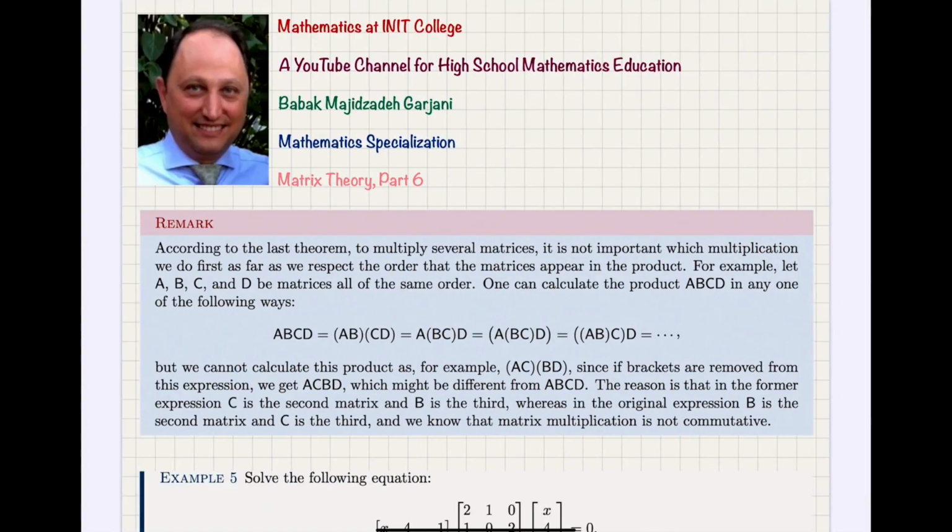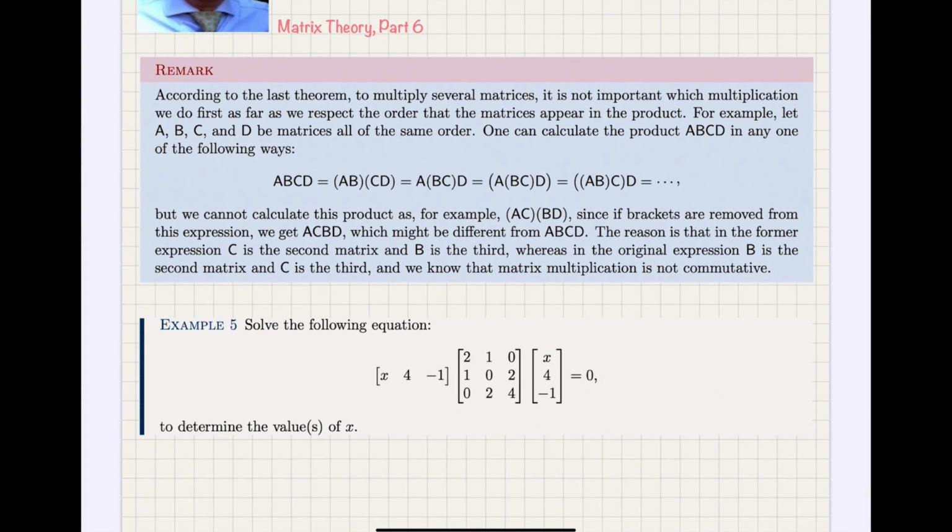Now, I have given you a remark. Let me just read it for you. According to the last theorem, to multiply several matrices, it is not important which multiplication we do first, as long as we respect the order in which the matrices appear in the product.